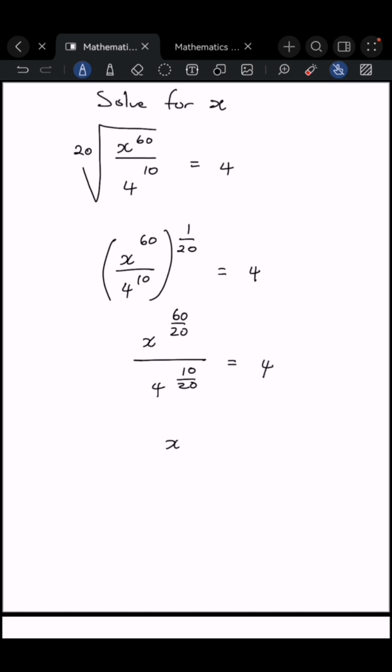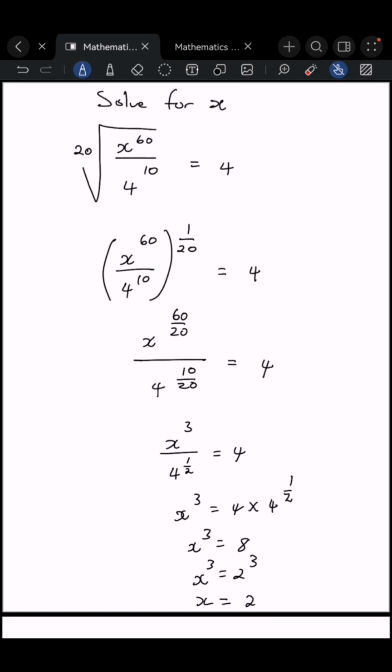Therefore, x to the 3 divided by 4 to the 1 over 2 should be equal to 4. x to the 3 is equal to 4 times 4 to the 1 over 2. Therefore, x to the 3 is equal to 8. Therefore, x to the 3 is equal to 2 to the 3. Therefore, x is equal to 2.